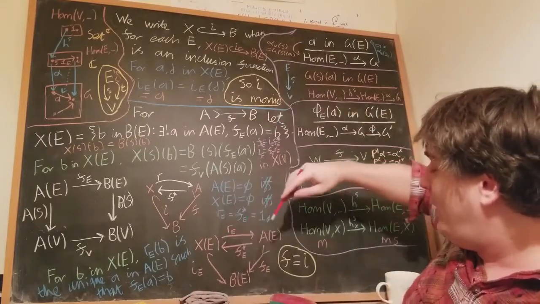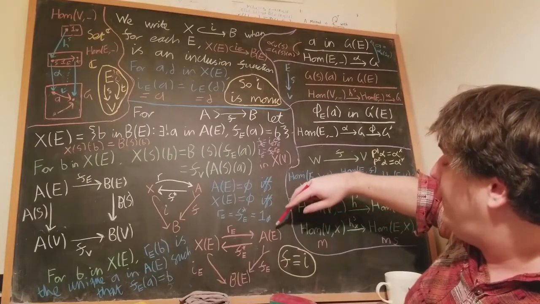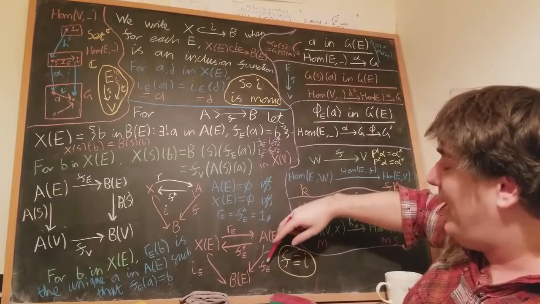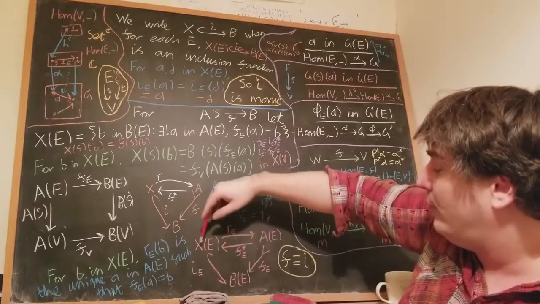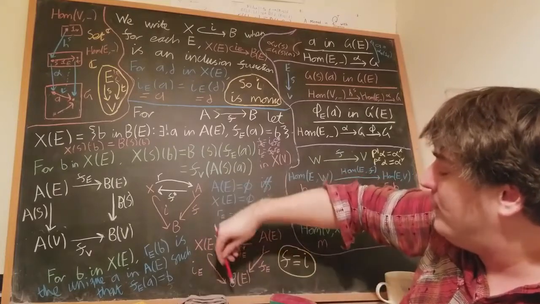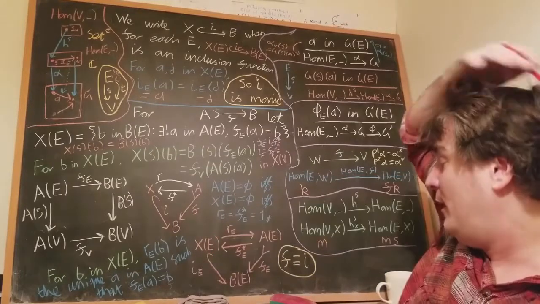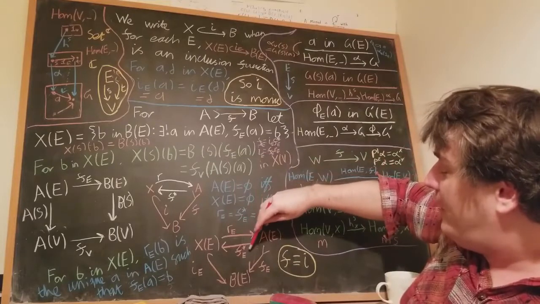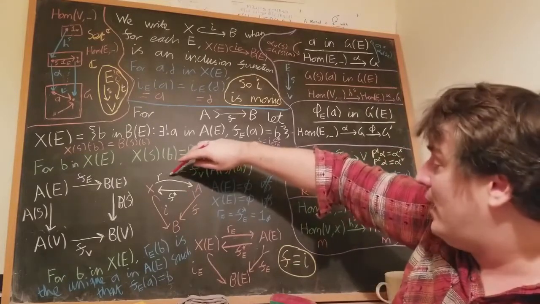So we have the eth component of our monic from A of E to B of E, this f of E here, and we have the eth component of I, this inclusion function, I of E. The only question really is, how do we define f star and r star?